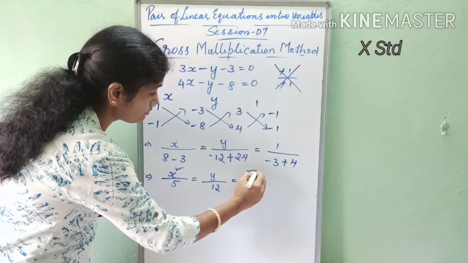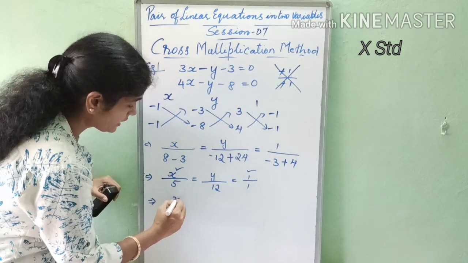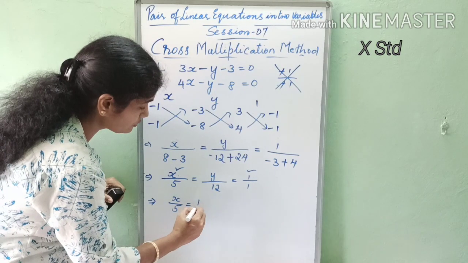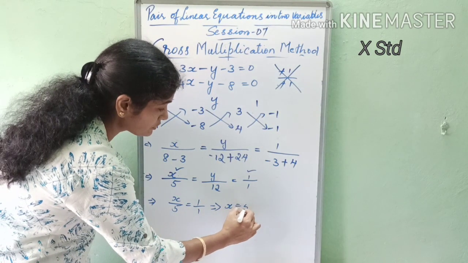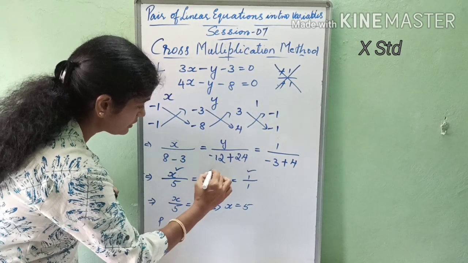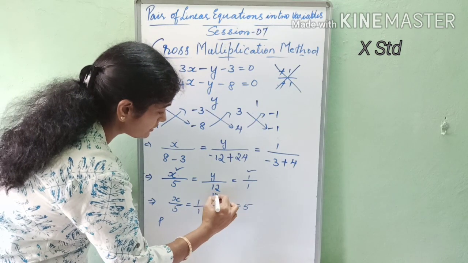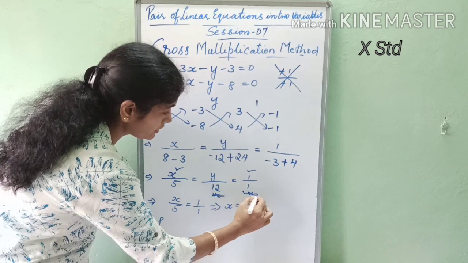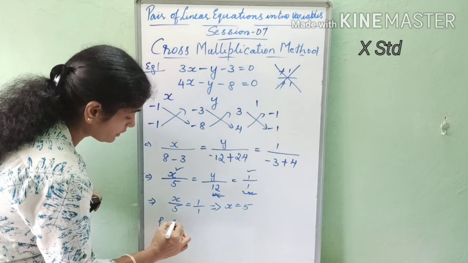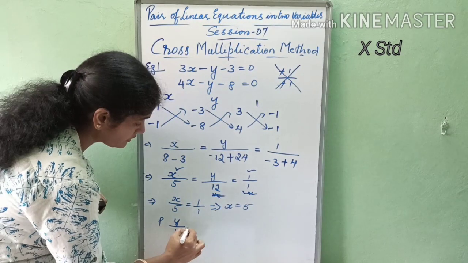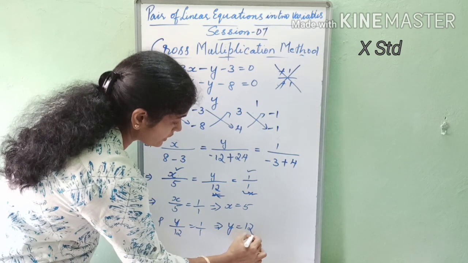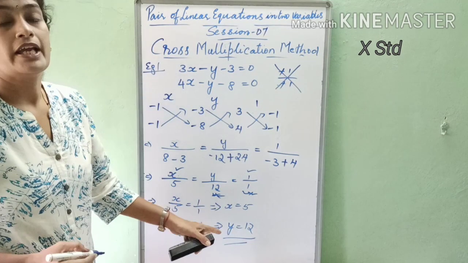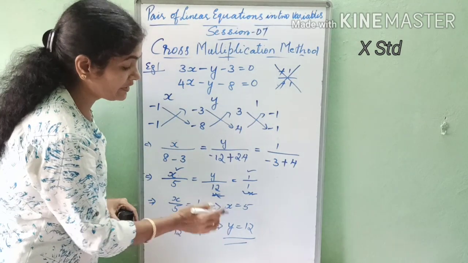First these two we will equate, which implies x by 5 is equal to 1 by 1, which implies x equal to 5. And next we will take these two. If we equate them, y by 12 equal to 1 by 1, which implies y equal to 12. So the values of x and y are 5 and 12.